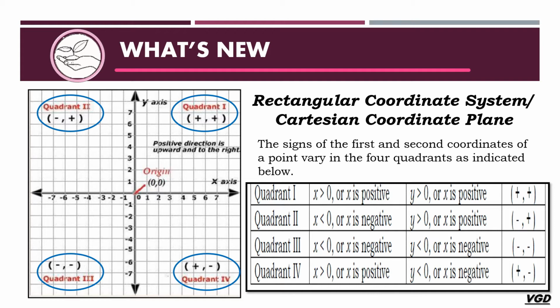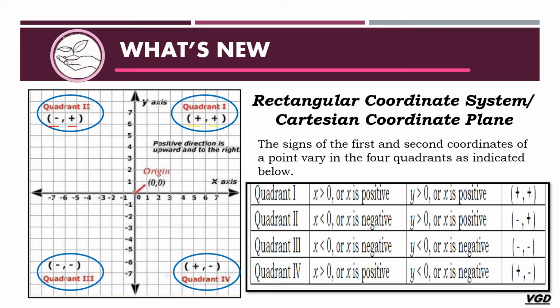For quadrant 1, the signs of the coordinates are positive x and positive y. So the x value or the abscissa is positive, and the ordinate or the y value is also positive. For quadrant 2, the x value or the abscissa is negative, and the y value or the ordinate is positive.